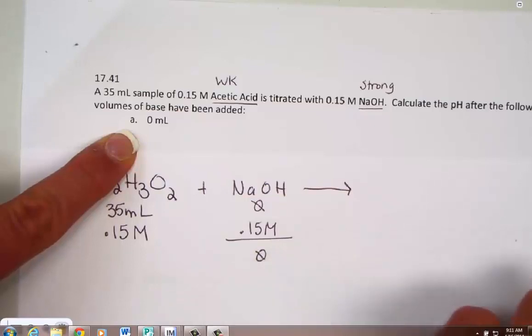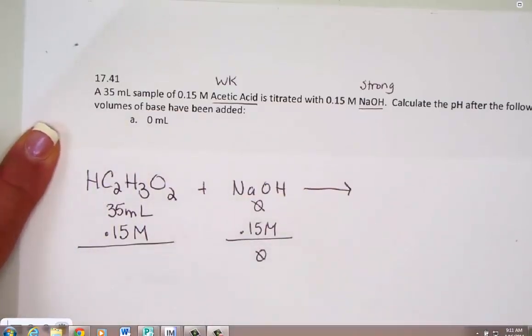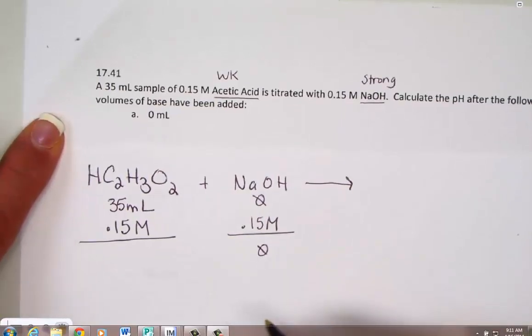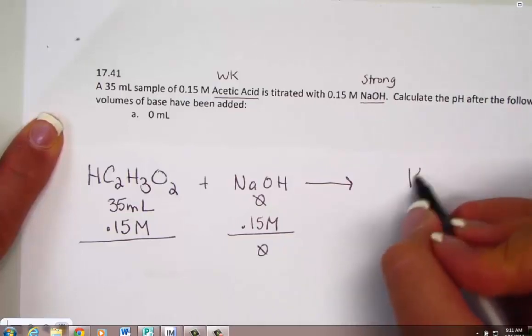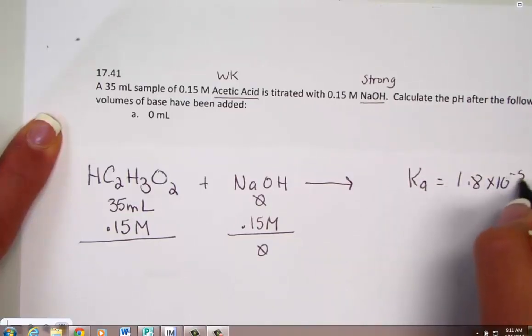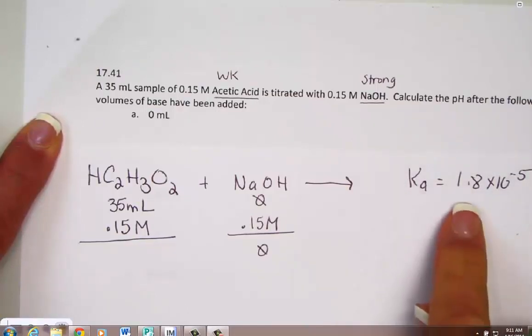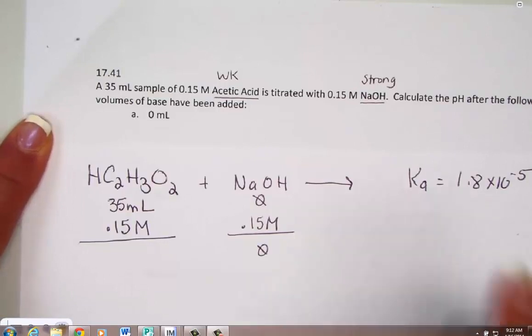So clearly, since no base has been added, all we're looking at here is what is the initial pH of the acetic acid. pH can be found by a simple Ka problem. We need an appendix D to look up some Ka values. Ka for acetic acid is 1.8 times 10 to the negative fifth. So I needed that chart to know that. Appendix D is giving me a Ka.